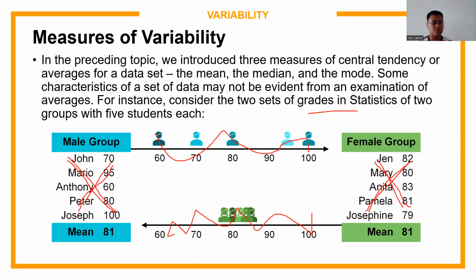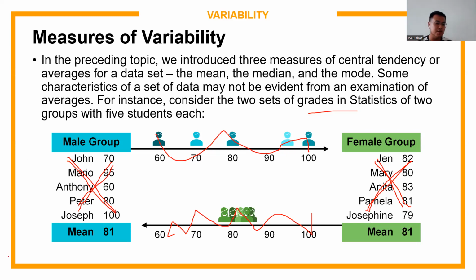Pareho 81. So, pwede tayo mag-assume na baka nagkopyahan yung dalawang group. Diba? Baka pareho lang yung mga grades nila. Kasi pareho 81. Kasi yun lang yung alam nating result. Okay?